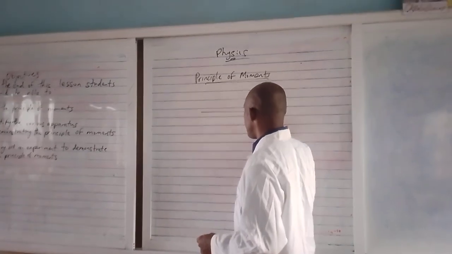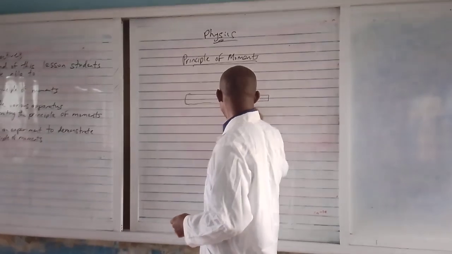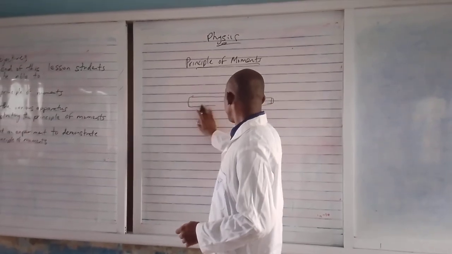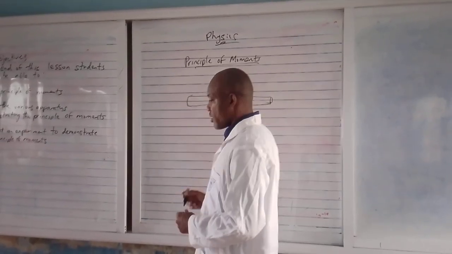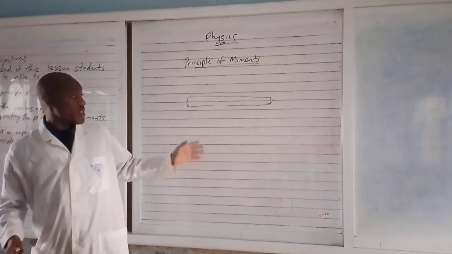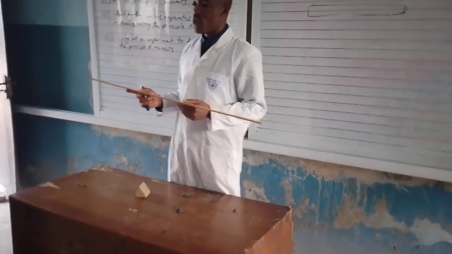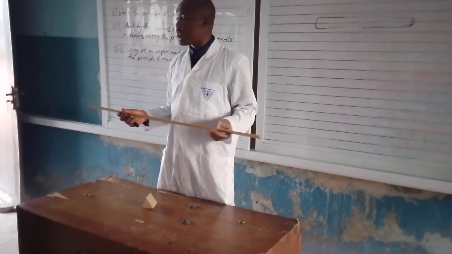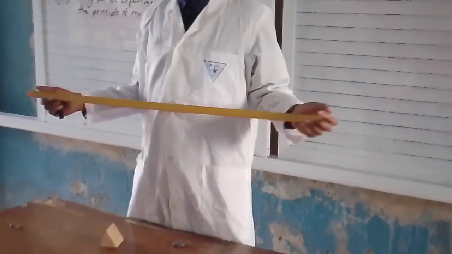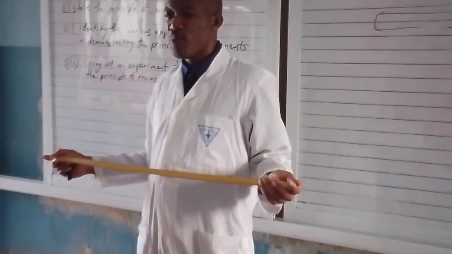Let's say, for instance, I have something like this. This is just a normal bar. It can be a meter rule, it can be anything. I'm just drawing a rectangular shape. I don't know how many of you remember playing with a seesaw in junior or primary school.